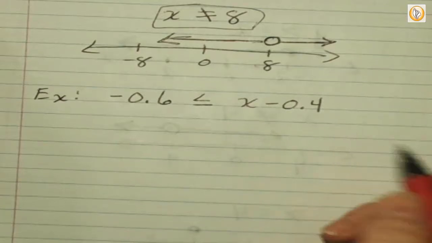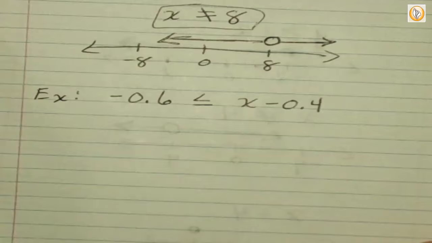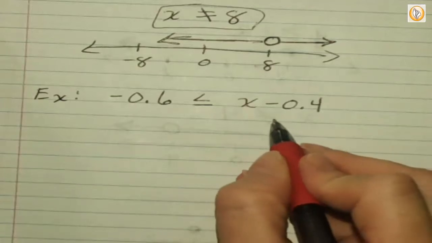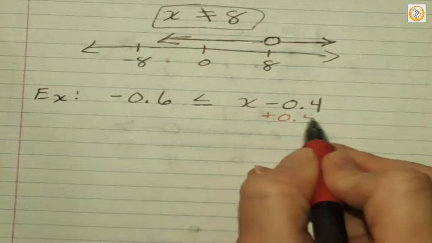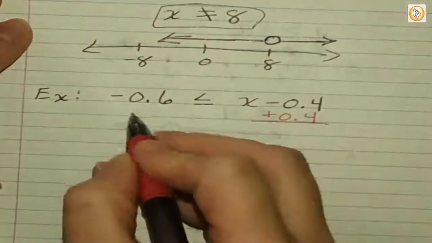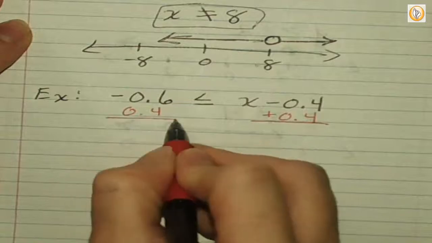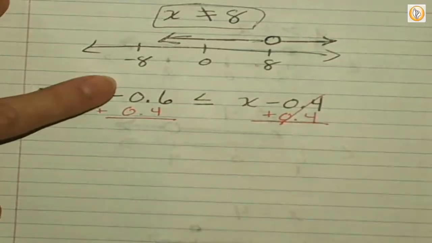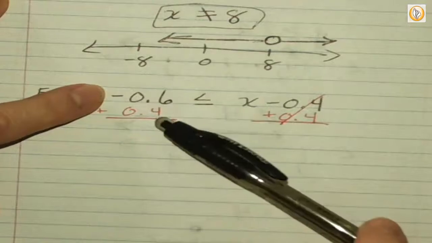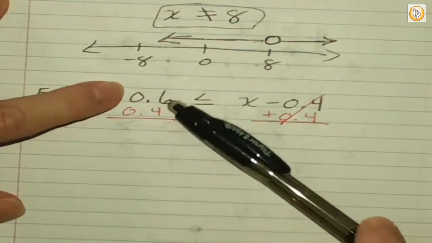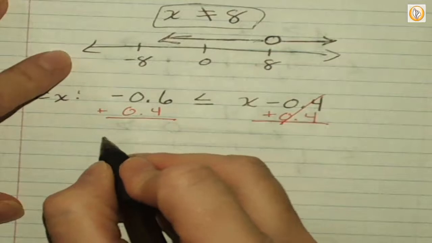What do I need to move first? 0.4. That's right. How do I move it? We're going to add 0.4 on both sides, because it's minus 0.4. That cancels out. And basically, this is a negative, so we're subtracting, and we're going to keep the sign of the largest. So it's going to be a negative.